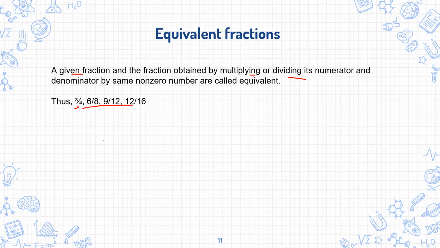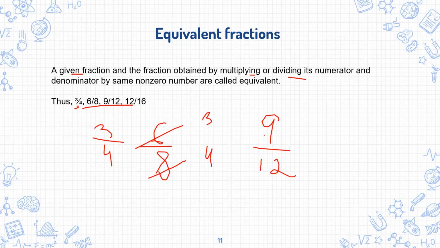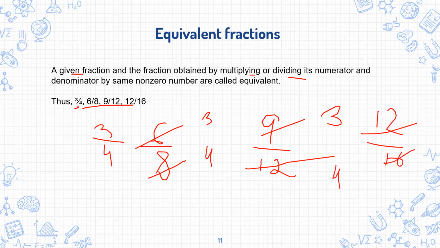How? Because if you divide or multiply its numerator and denominator, if you divide this 6 upon 8, what will you get? You will get 3 upon 4, if you reduce it by 2. And if you reduce 12 upon 16, this can go by 4, giving 3 upon 4.